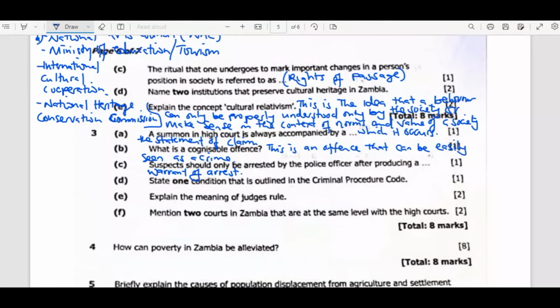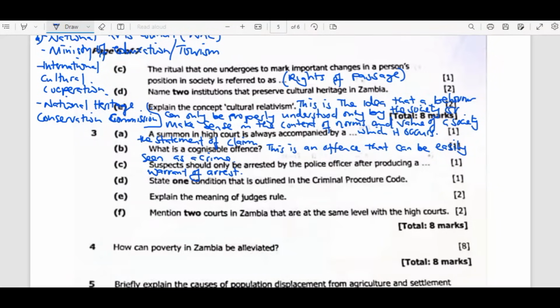In an event that the court does not bring that person to court within the stipulated time, it means that the court should release that person. That is according to the criminal procedure code.